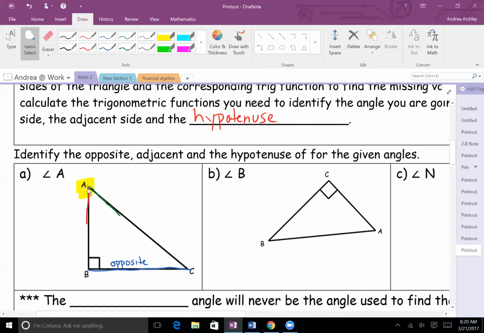Then the adjacent side is the non-hypotenuse that makes up part of the angle. So it's either AB or AC. So is AB the hypotenuse or the adjacent side? Adjacent. Okay, good. Anyone unclear as to why it's the adjacent? We're good? Okay, so this is my adjacent side.